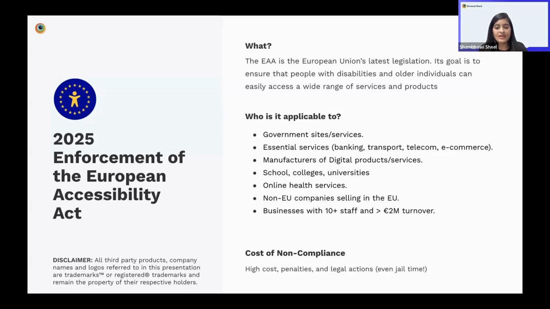Next, it comes with an enhanced brand reputation, as demonstrating a commitment to accessibility strengthens your brand image and fosters trust with the customers. It also improves the SEO ranking because accessible websites often rank higher in the search engine results, leading to increased online visibility. And lastly, it leads to a positive user experience, as making your websites accessible benefits everybody, not just the users with disabilities.